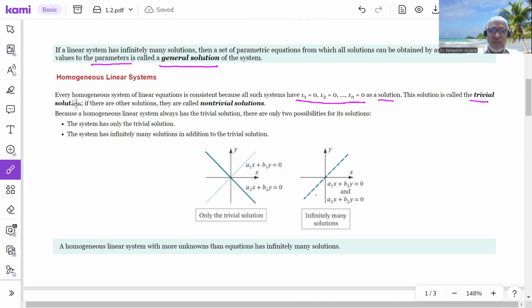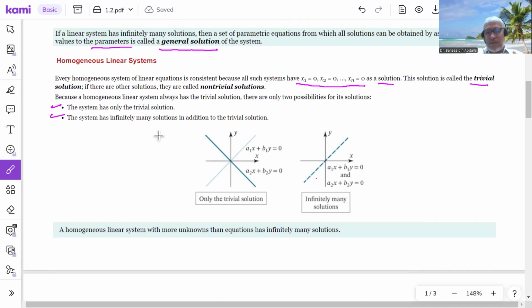So for homogeneous linear systems, there are two possibilities, either one solution or infinitely many solutions. There is no possibility the system is inconsistent or there is no solution, because there is always the trivial solution. So remember, for homogeneous systems, we have two possibilities, not three possibilities like the non-homogeneous systems.